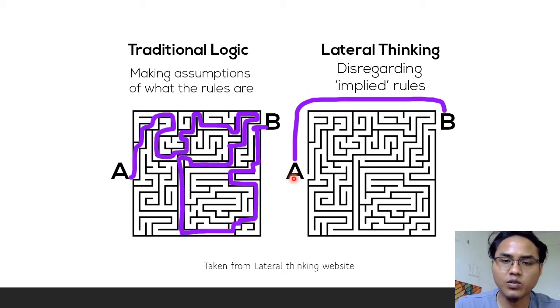So we just go directly from A to point B without having to go into the maze. So from this perspective, lateral thinking is easier to handle, and we must think outside the box to solve the problem.